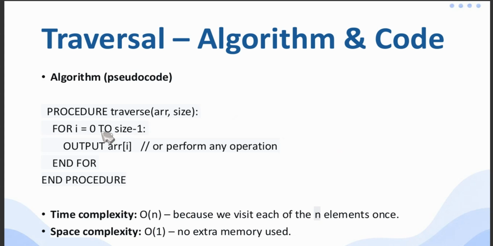It has to do 1000 operations. And the space complexity is O(1). We use only a few extra variables like i, regardless of the array size. So no extra array is created here.